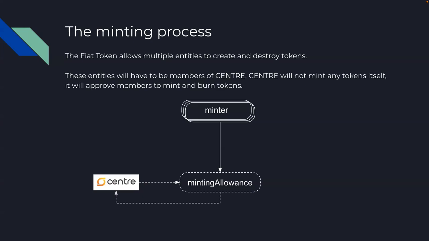The minting allowance is basically the functionality that gives the minter the opportunity to mint a specific amount of tokens, but it does not give them the possibility to mint as many tokens as they want. So, for example, if a specific minter is hacked and they lose their keys, and a hacker wants to print 2 trillion USDC, they cannot, because they have a minting allowance that gives a fixed amount of tokens that they can mint.